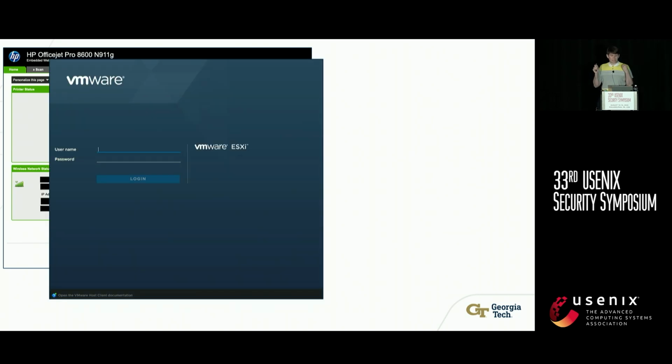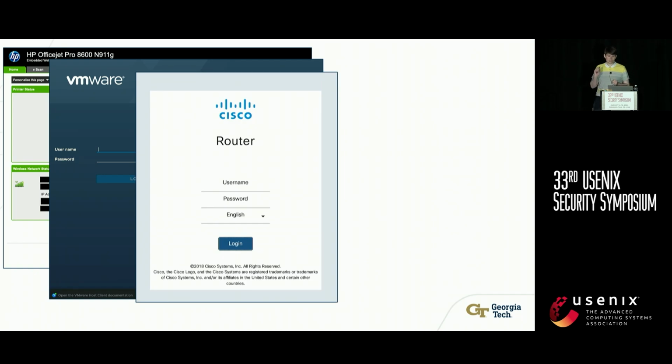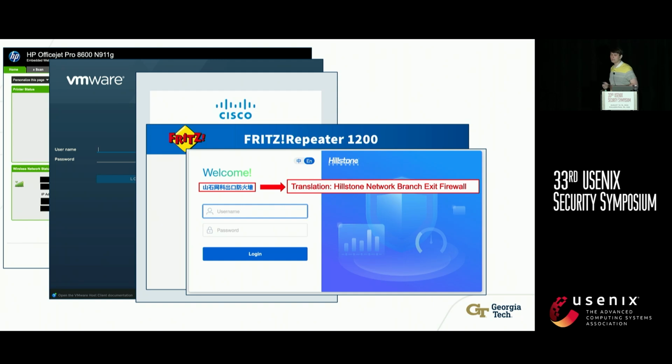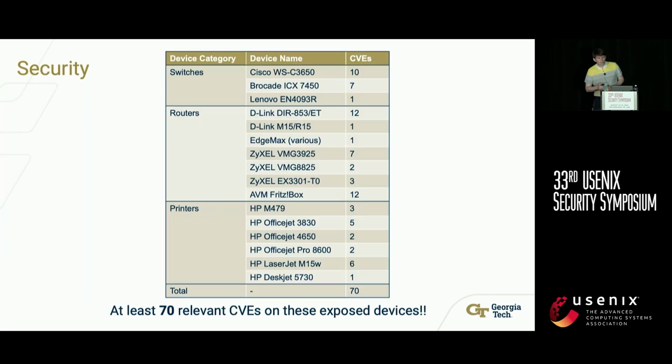We also found things like hypervisors like this VMware ESXi, routers like the Cisco router, wireless repeaters like this Fritzbox 1200, and next generation firewalls like this Hillstone Networks firewall. We wanted to go just one step further and understand what the security implications of these devices being exposed are. And so we classified what the CVEs were on these device types.